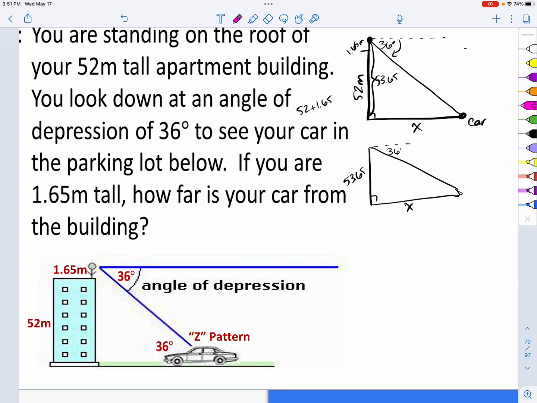I'm going to find that top angle just to do something different than the last example. And you get that inside angle to be 54 degrees. From this angle, X is the opposite. 53.65 is the adjacent. SOH CAH TOA, opposite and adjacent, says to use tan.